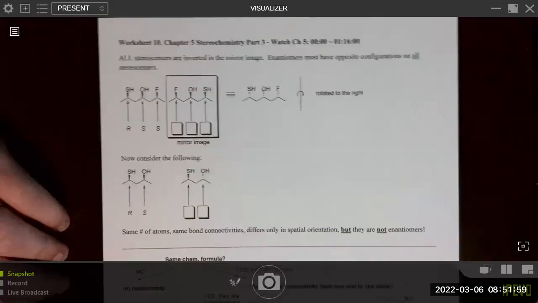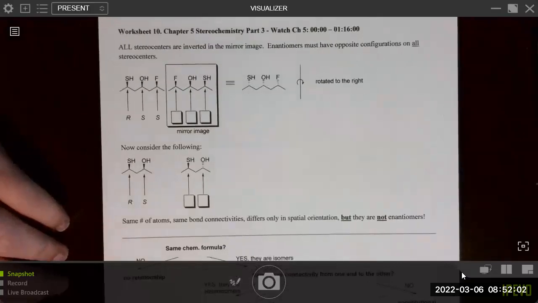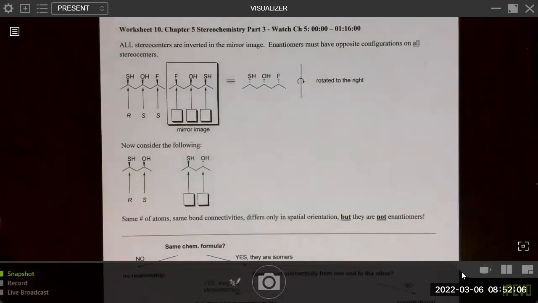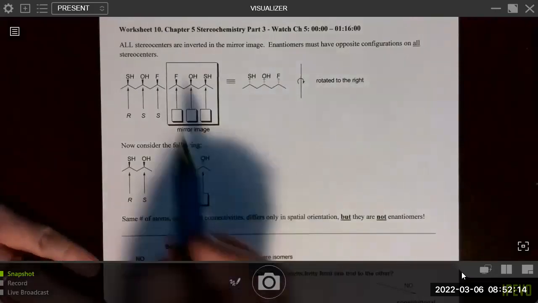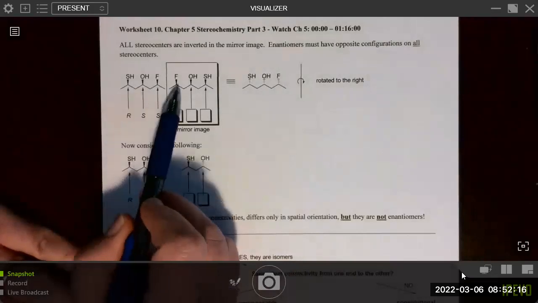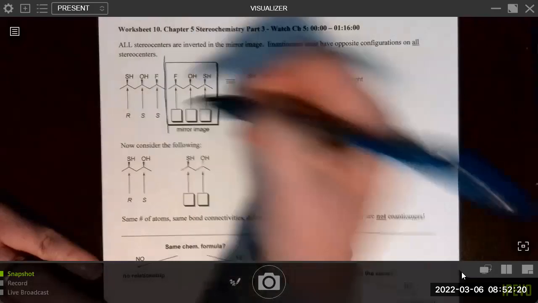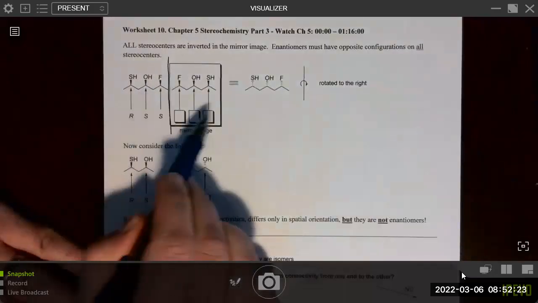All right, on worksheet 10, we are still working on stereochemistry, and we talk about enantiomers and diastereomers in this section. One thing to note is that if this molecule was to look into a mirror, and that mirror was right here, then this would be its reflection.